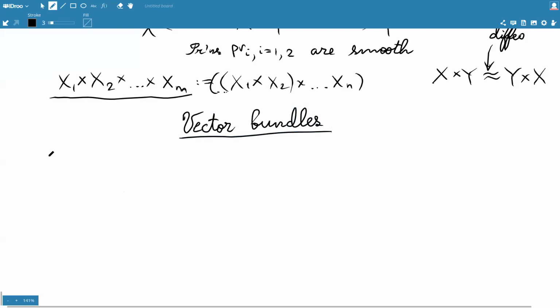So the definition: let X be a smooth manifold. Sometimes I will omit the word smooth if it is clear from the context, because we mostly work with smooth manifolds.